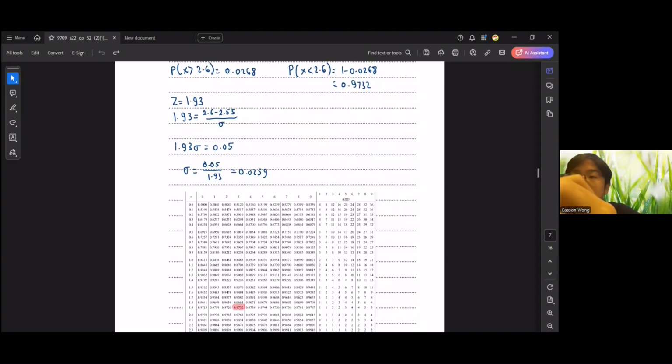So z equals 1.93. So we can substitute it now to the formula, which is z equals x minus mean over standard deviation, and with that we can find the standard deviation, which is 0.0259.